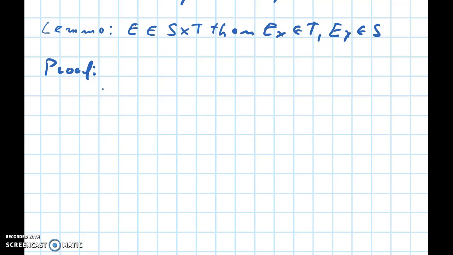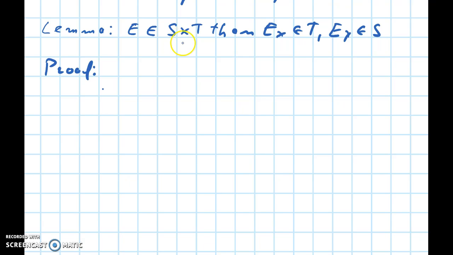basically we are going to show that the lemma is true for measurable rectangles, and then we are going to use the fact that S and T are sigma algebras on X and Y respectively, and we're going to use this to show that the family of sets such that the theorem is true is a sigma algebra.